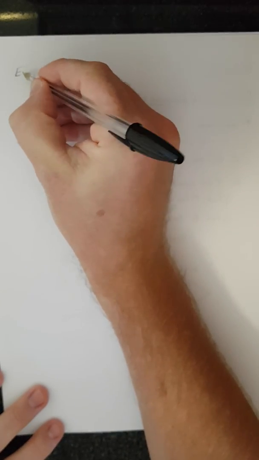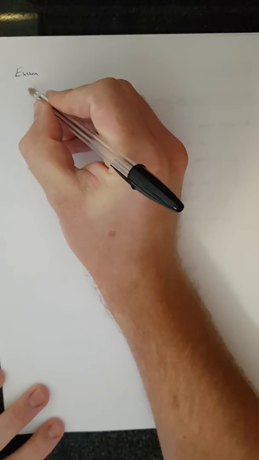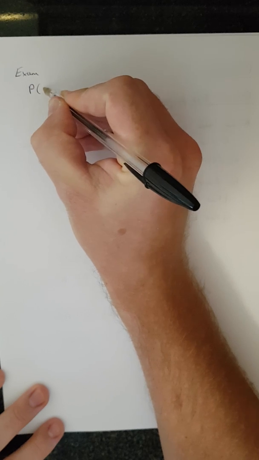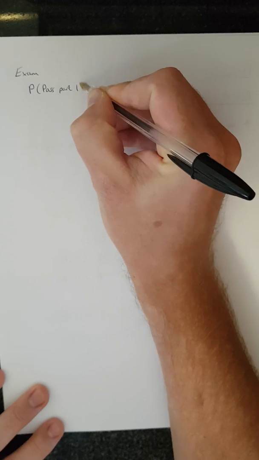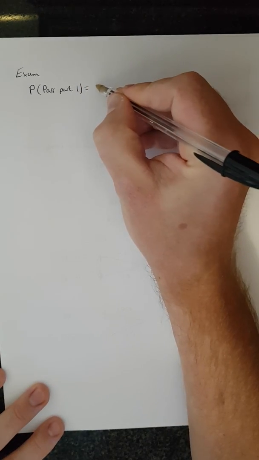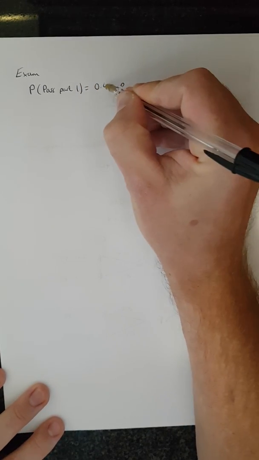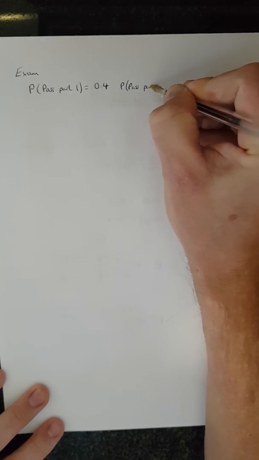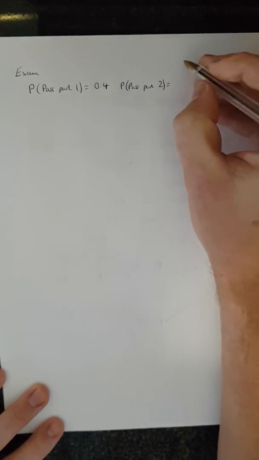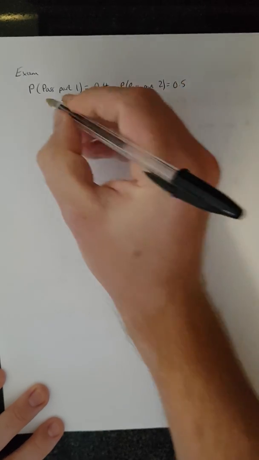So, there is an exam for a student. The probability of passing part 1 is 0.4. The probability of passing part 2 is 0.5.